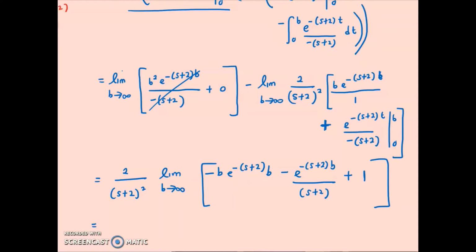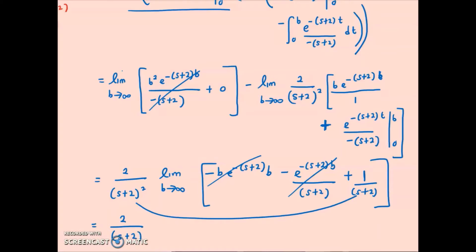Okay, so now when the limit as b approaches infinity, this term blows out, this term blows out. That leaves you with 1. So we have s+2 here, because this thing is for the whole thing. So there you go, this is my final solution. It will be 2 over (s+2) cubed.